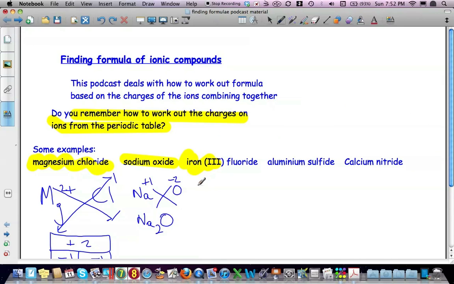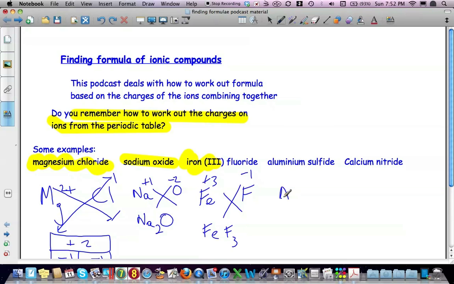But remember, just assume +2 unless told otherwise. So that means iron, in this case, will be +3. And fluorine, it's -1, because it's in group 7. So work out these formulas now. So it's FeF3.